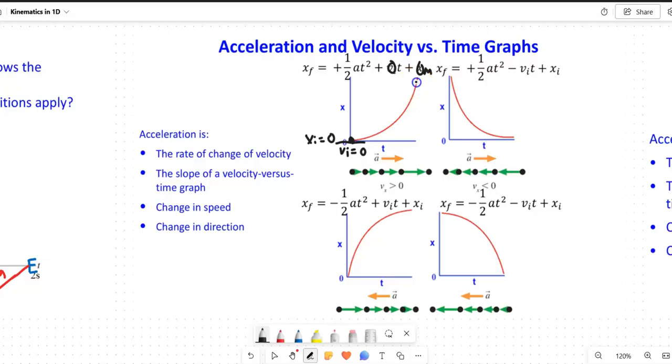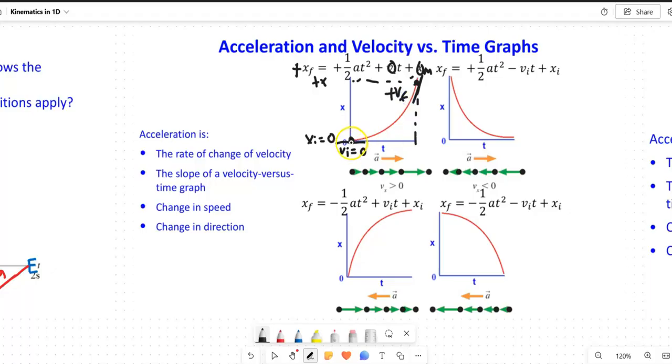And if you look later on, right here at some later time, it's going to have a positive x final. And this is going to be the slope at the x final. So here we have a slope of 0, and here we have a positive x final slope.